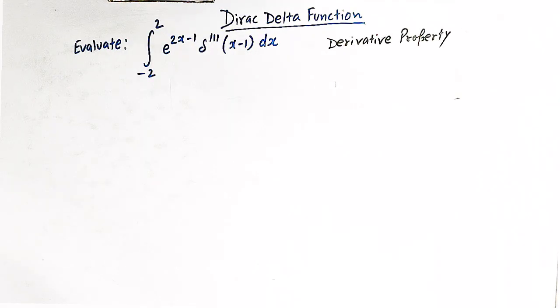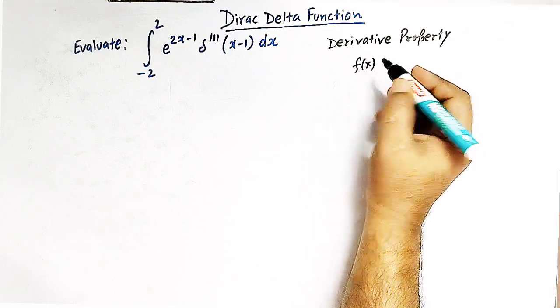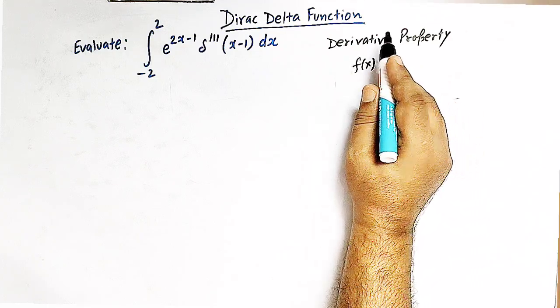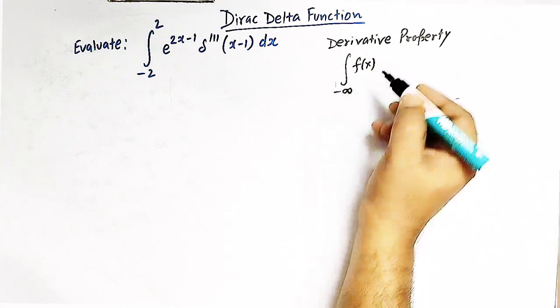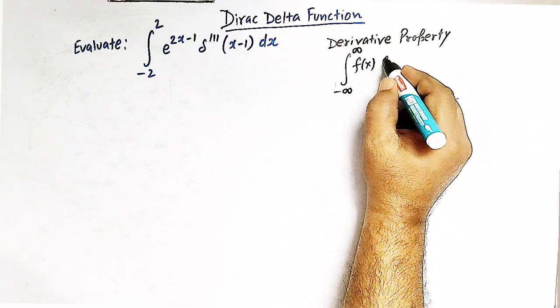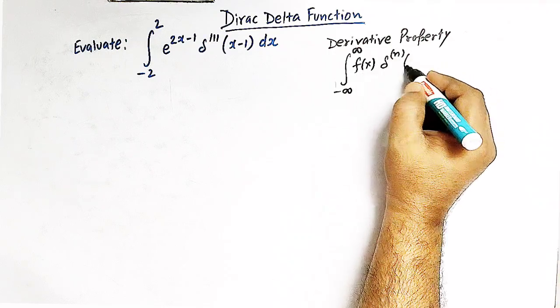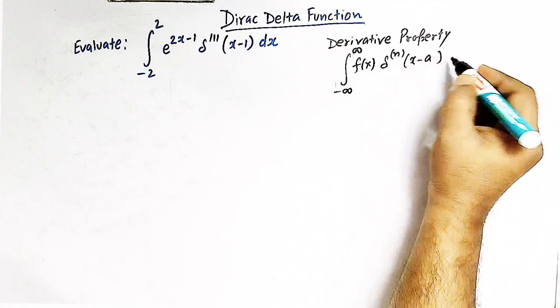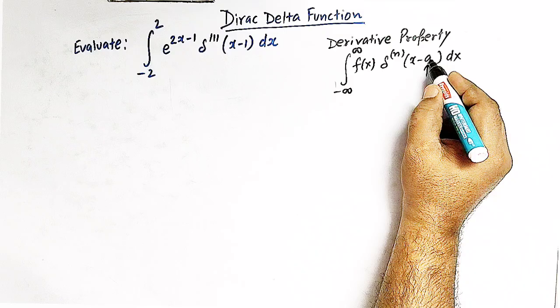So the derivative property of Dirac delta function states that if we have a function, say f of x, which is associated with the Dirac delta function, and if we have this integral that is minus infinity to infinity f of x, and here we have the nth derivative of the delta function, and the point of consideration is a, right?